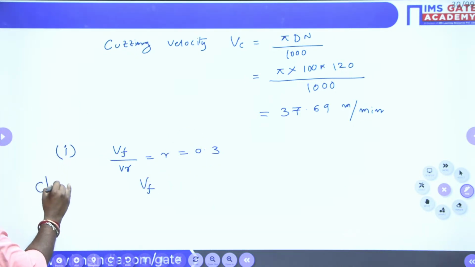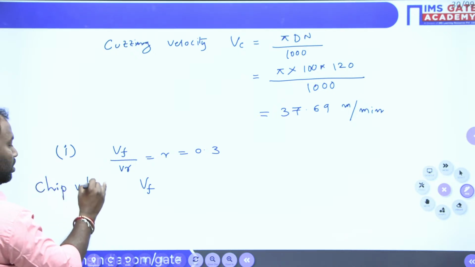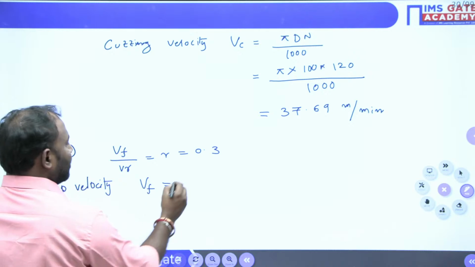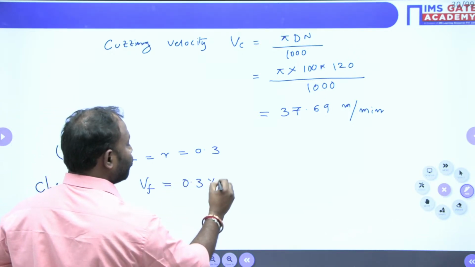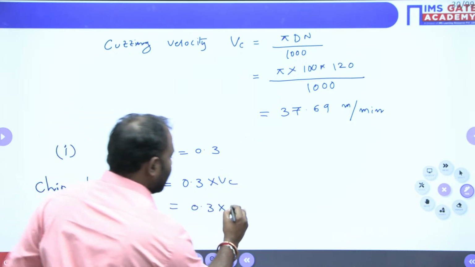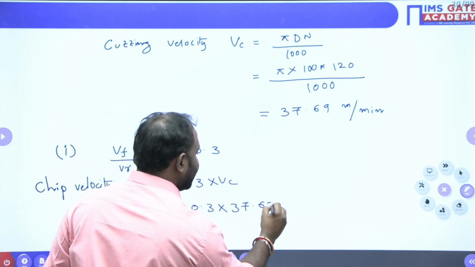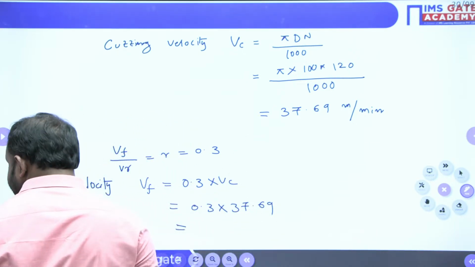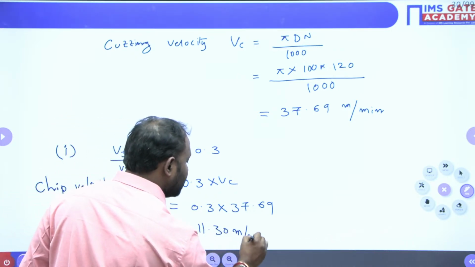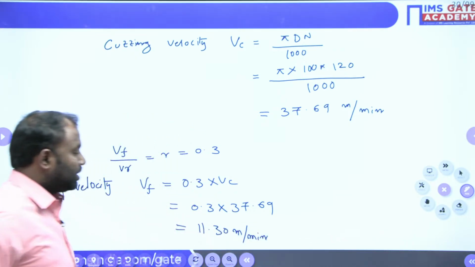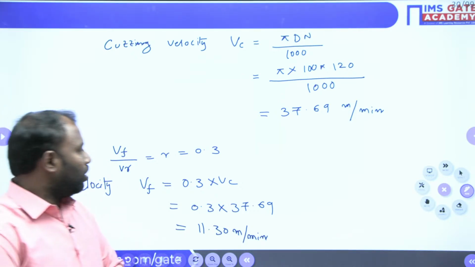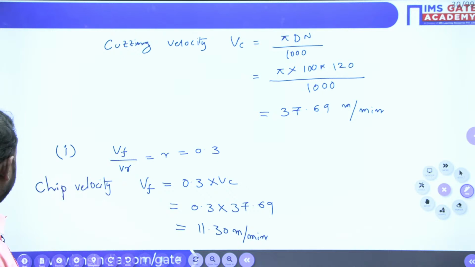Chip velocity is equal to, how much is it? 0.3 into VC, 0.3 into 37.69, such that you are going to get 11.30 meters per minute. 11.30 meters per minute you are going to get. Clear everybody guys? Okay, now let us go for calculating the next one.